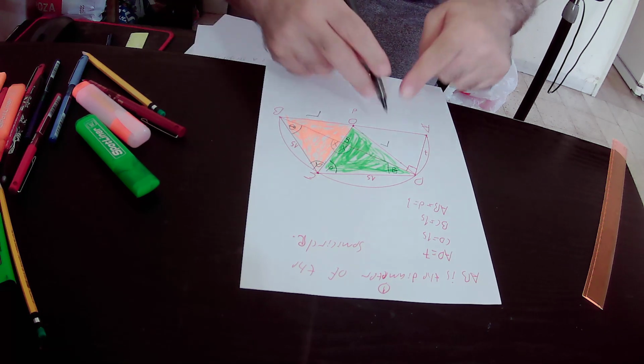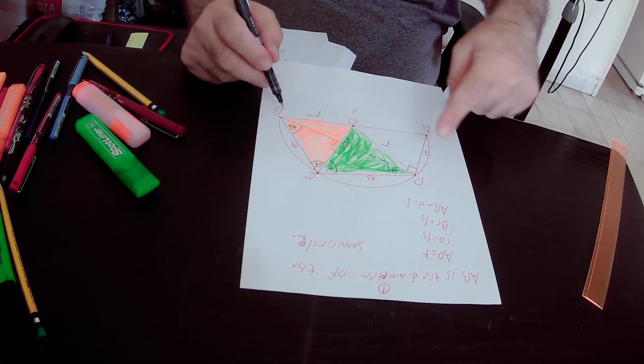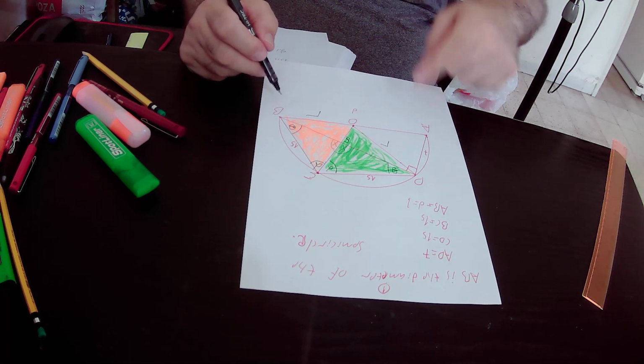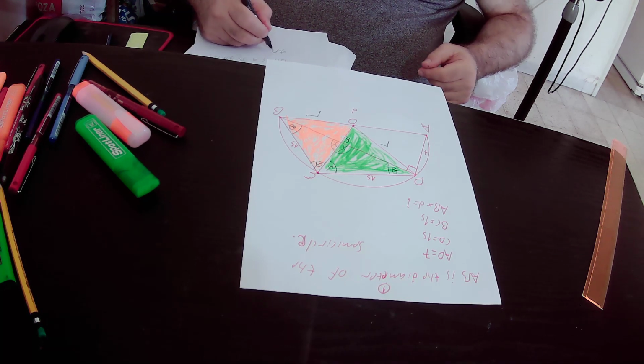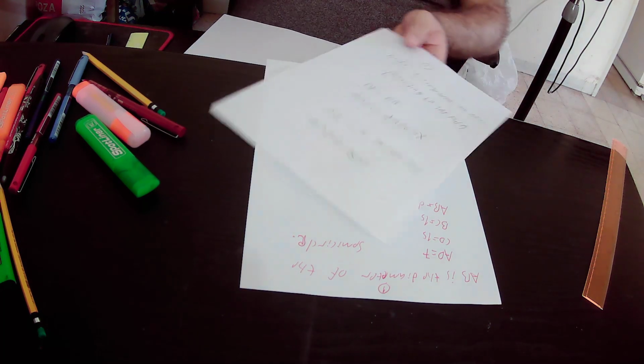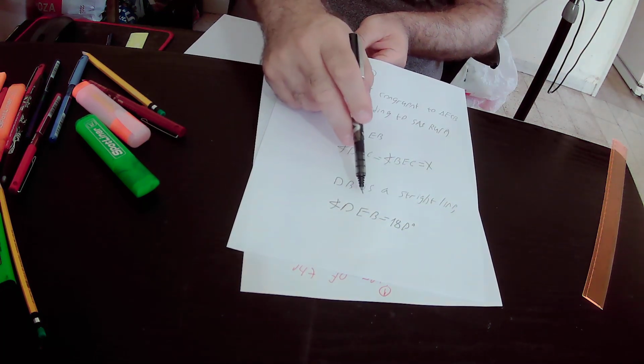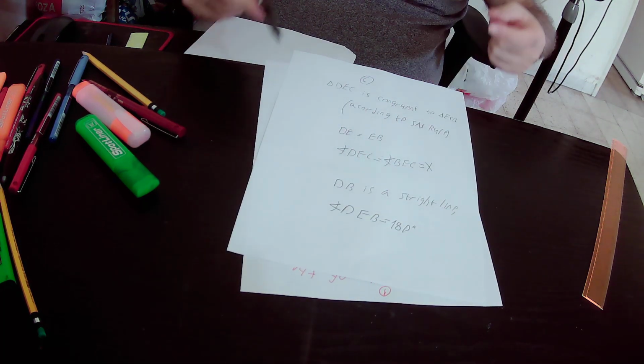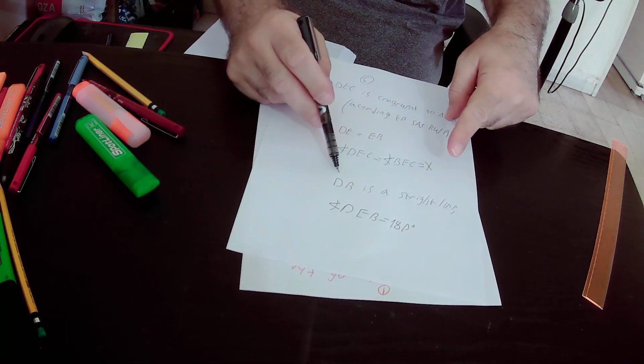Because DB is a straight line, angle DEB equals 180 degrees from one side.